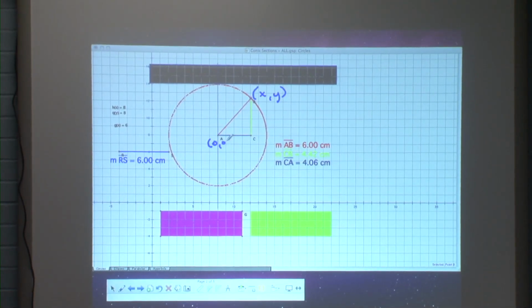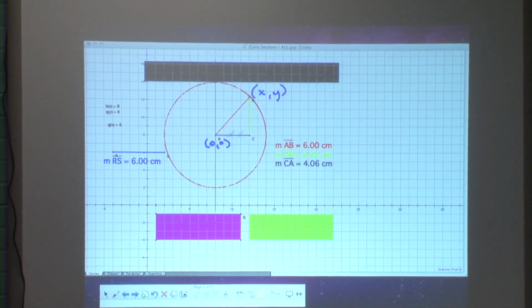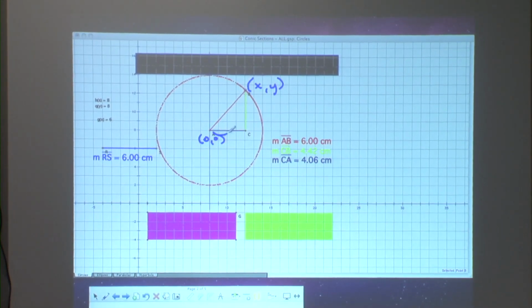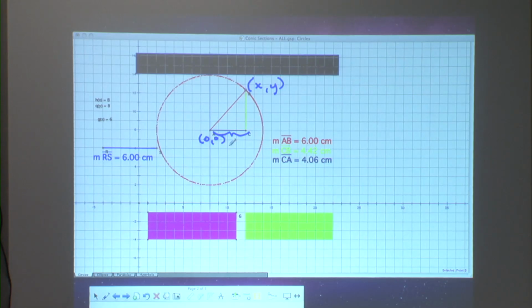If this was centered around 0, 0, then what would this length be? You're counting them, which this one would be 4. But this length would be x units long because it's the x value of this point. Does that make sense? Yeah.